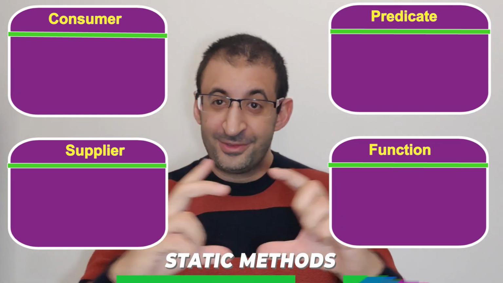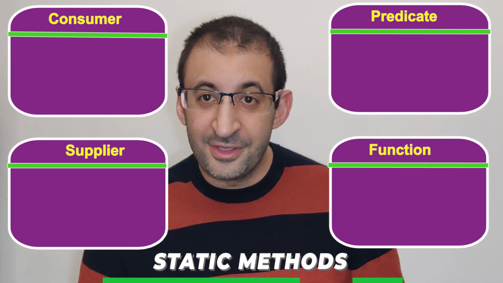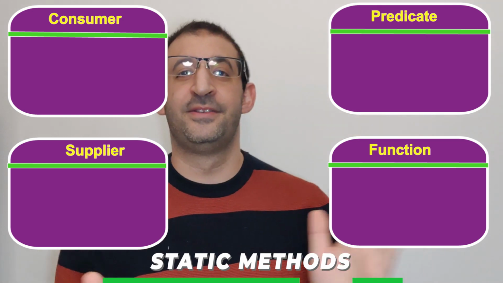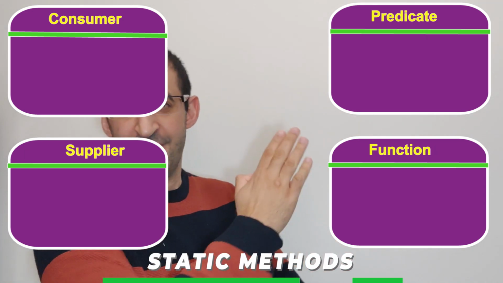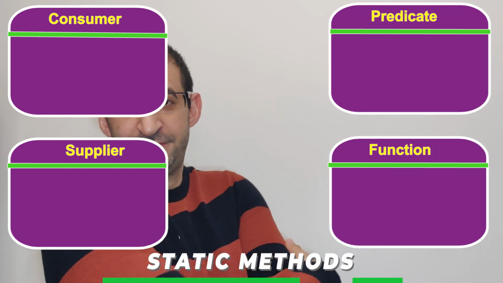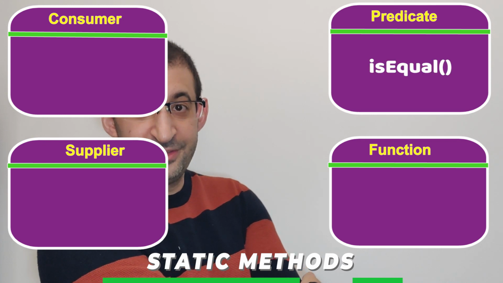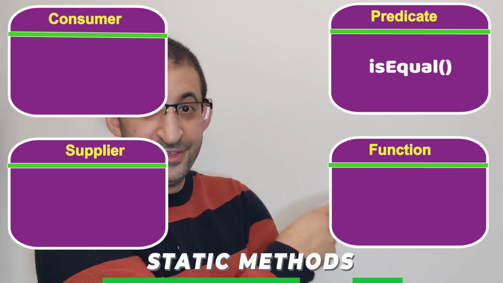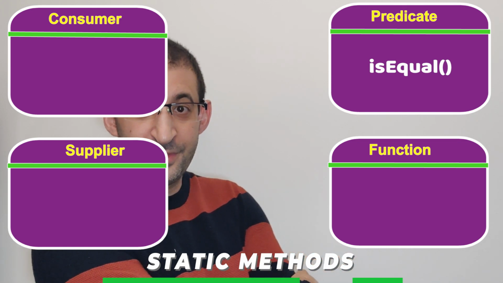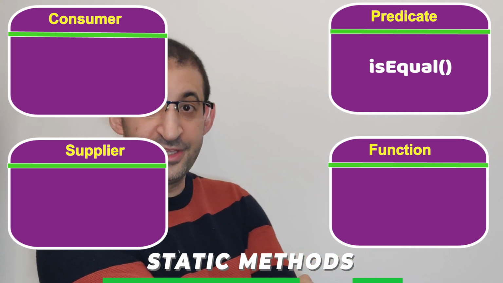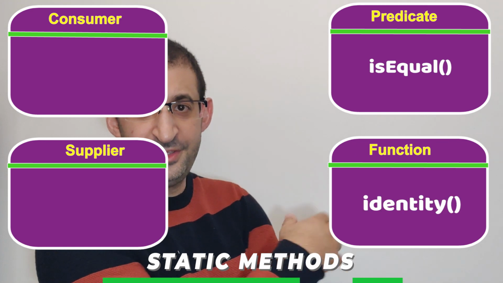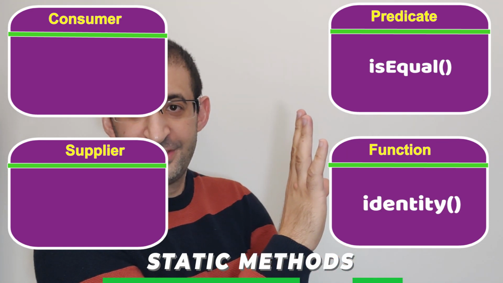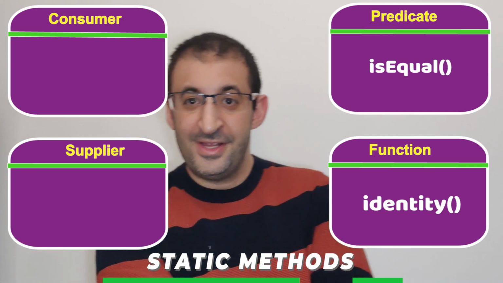Now we talk about the static method in each interface. For Predicate, the static method is isEqual. For Function, the static method is identity.